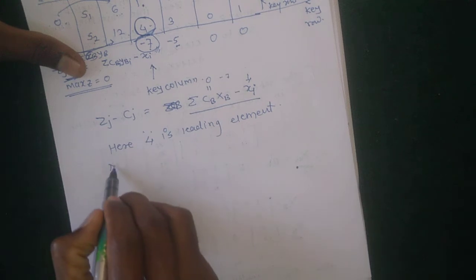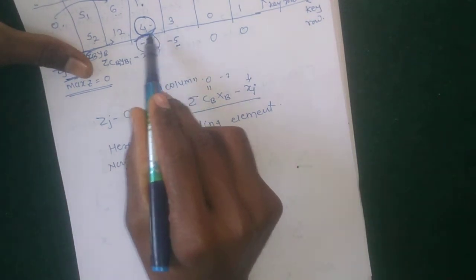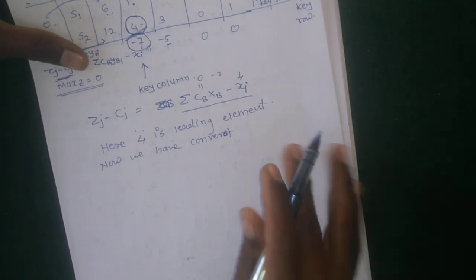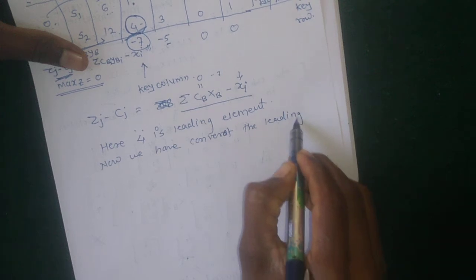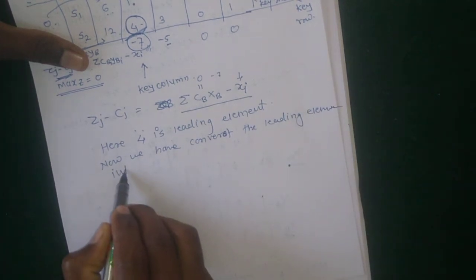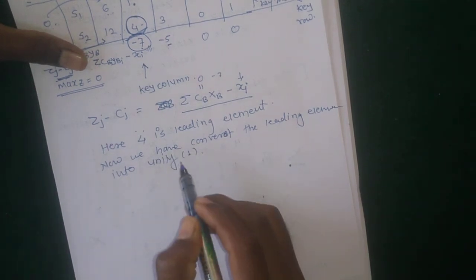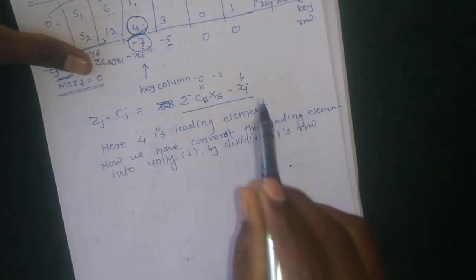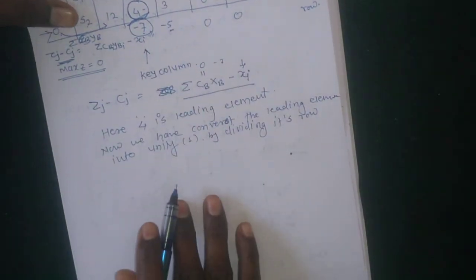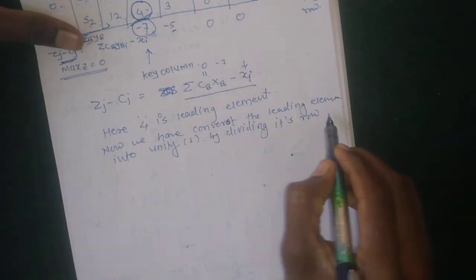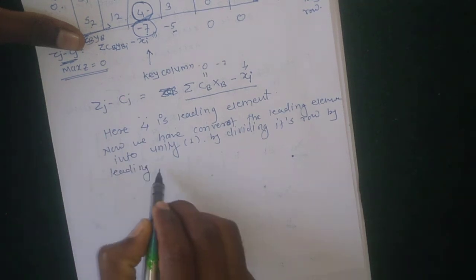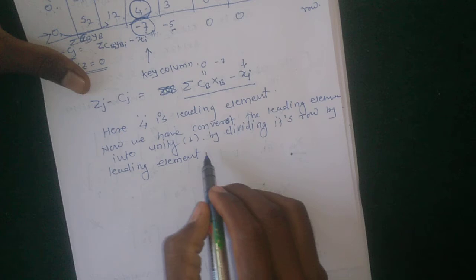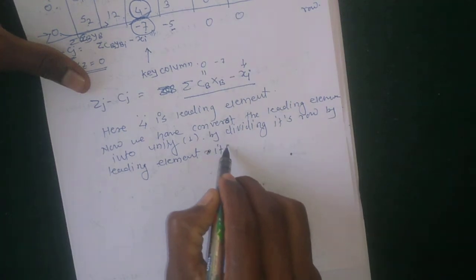Therefore now we have to convert the leading element into unity, means into 1, by dividing its row by the leading element itself, that is by dividing this row by 4 itself.